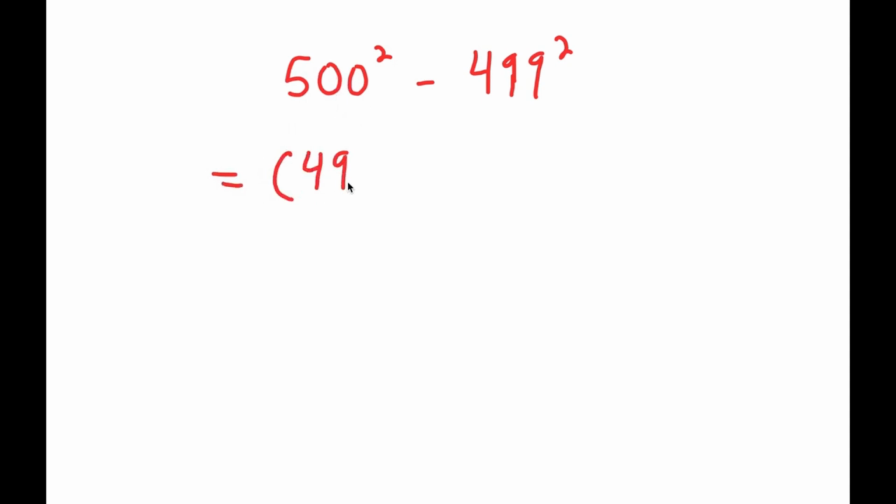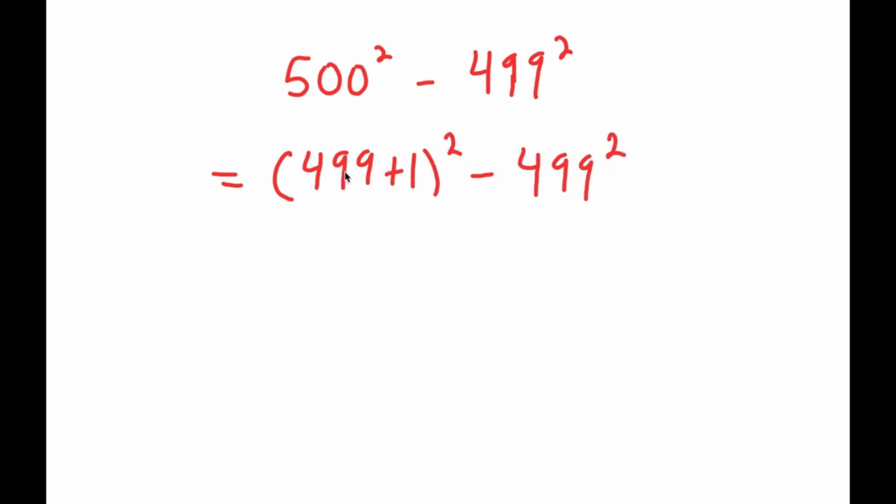Alright, so in this video, I'm going to solve the problem 500 squared minus 499 squared. To solve this, I'm first going to rewrite this as (499 plus 1) squared minus 499 squared.